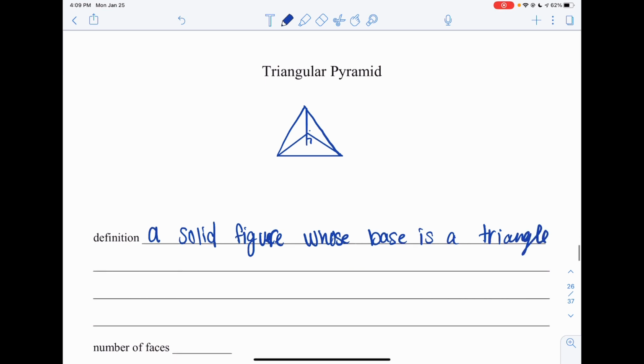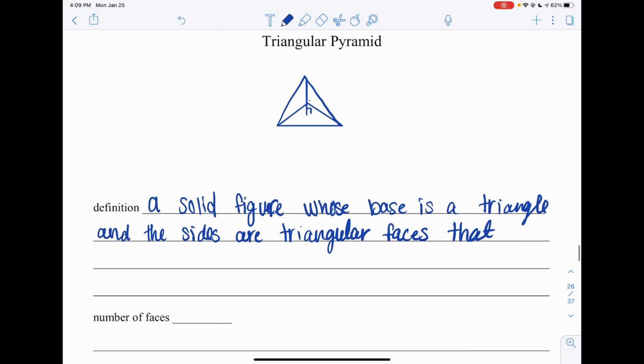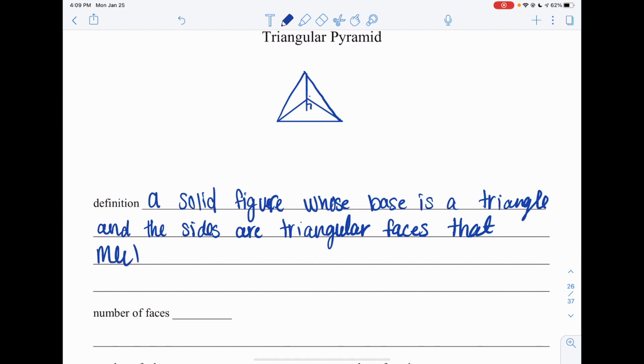Okay, and the sides are triangular faces that meet, once again, at the apex, which is the top.